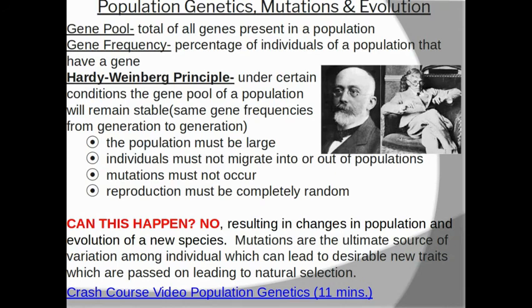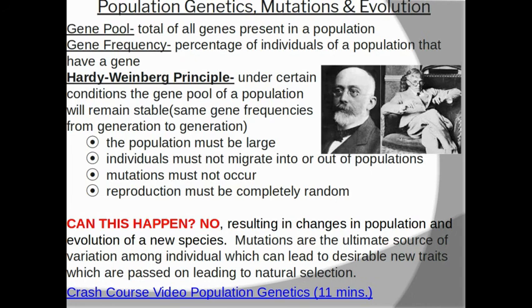Now, the reality is none of those criteria are going to be met frequently, or at least all at once. So the result is changes in a population over time that results in the evolution of new species.